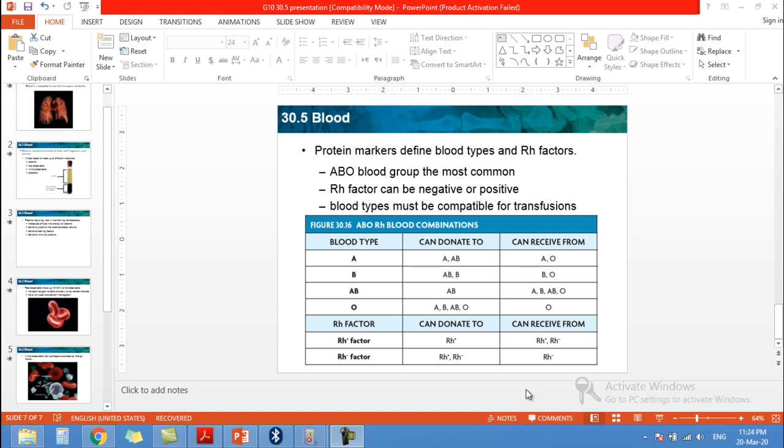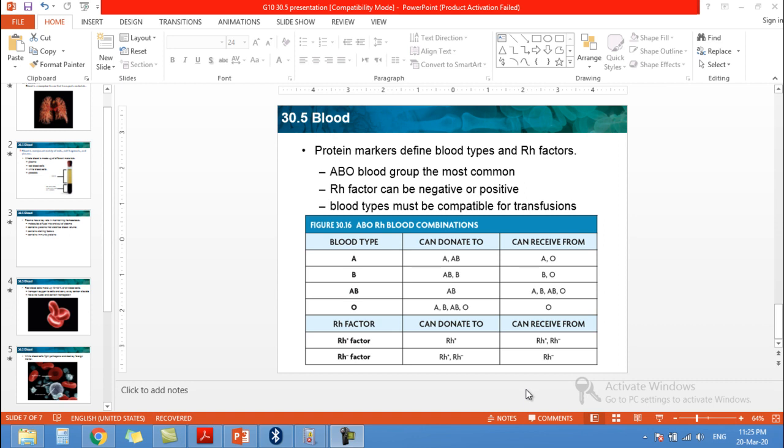The blood type is important in blood transfusion, which means that someone gives his blood to another one who needs it. So it's important because you can receive blood only from people who have blood types that are compatible with your type of blood.